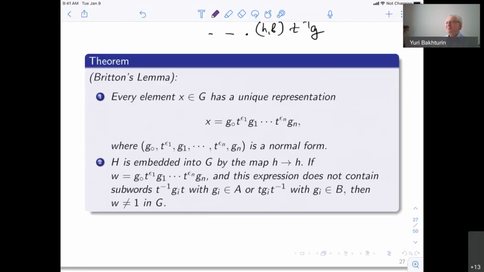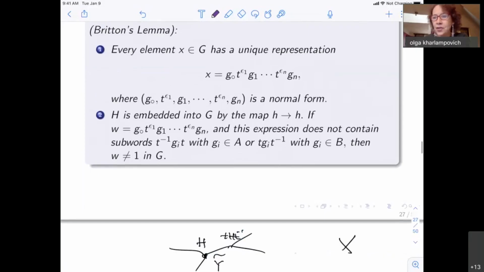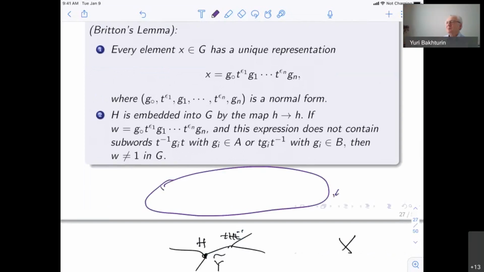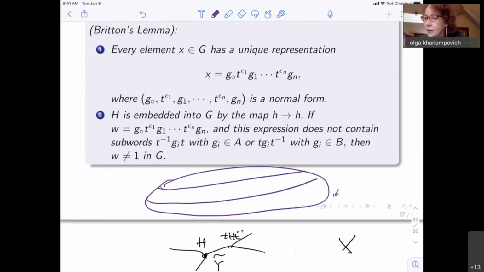It is a passing letter, and I even know why. I can make a drawing. If you have an HNN extension, how do the diagrams look? You have a diagram: if some word is equal to 1, it can be written on the boundary of the diagram with cells. When we have an HNN extension, we have these strips of this letter t.